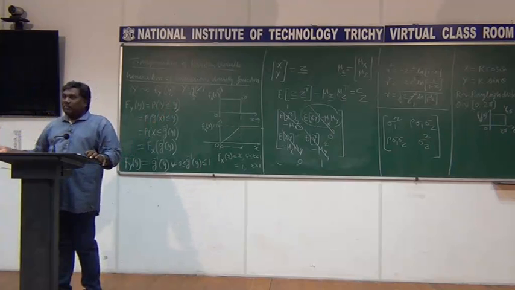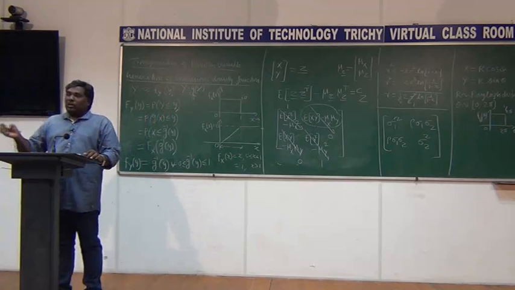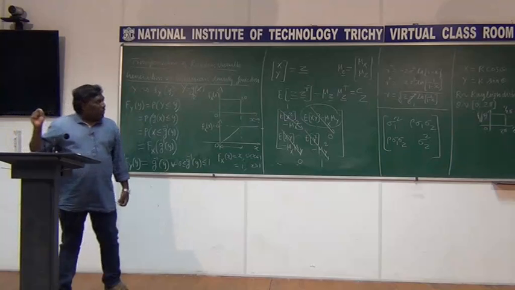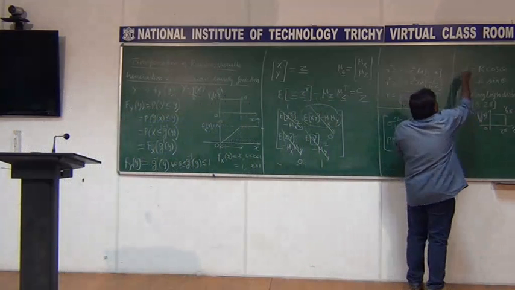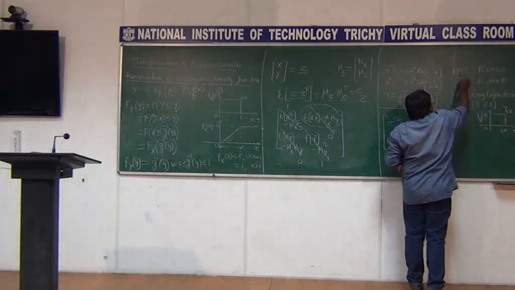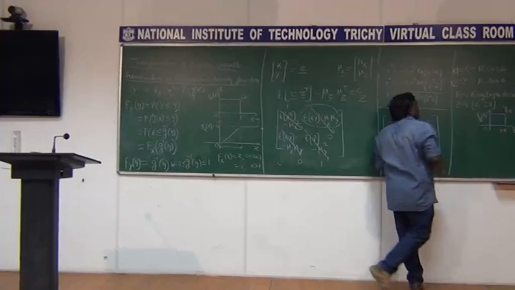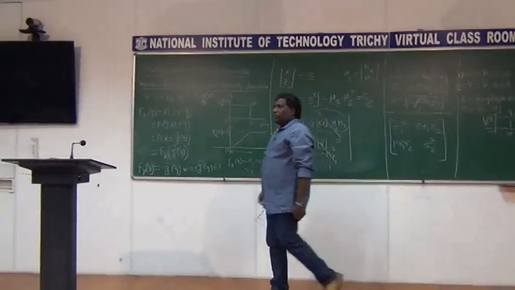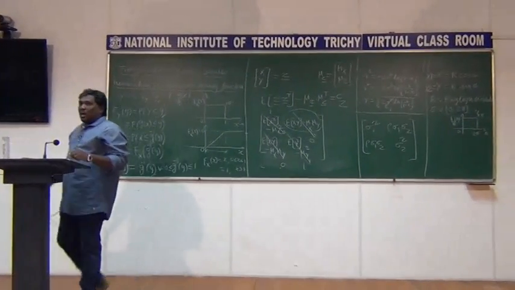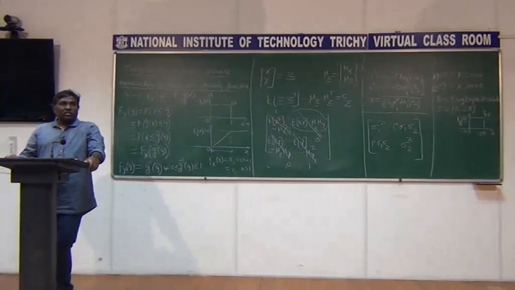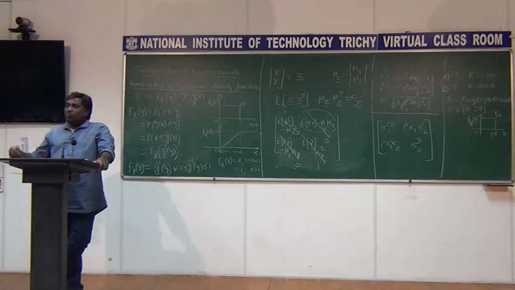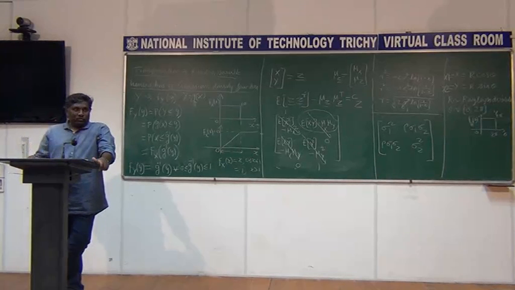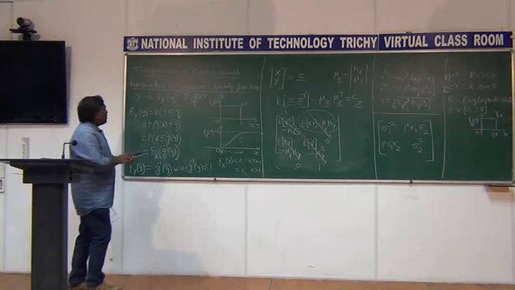We need some conversion. Let me make it clear: I am going to now write this as x1, and this as x2. I am not removing that, I just wanted to write it as x1 or x2. I am doing this because I want to convert x1, x2 into y1, y2. Change of random variable I am going to do now.